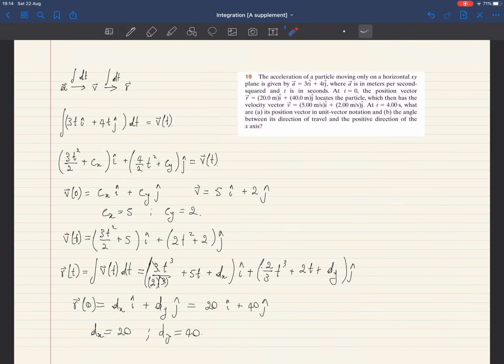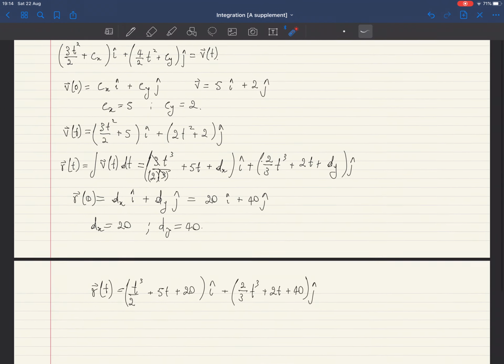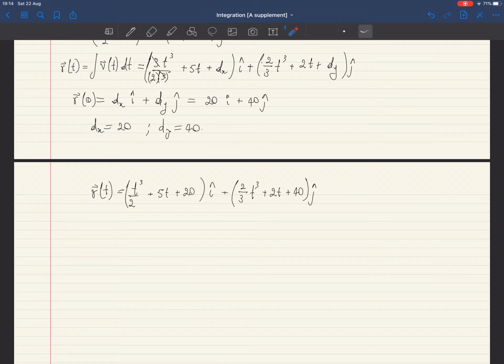And once you have that vector at the instant time equal to 4 seconds, you could find the direction of that using the regular procedure of performing the ratio of the opposite side, which in our case is going to be ry at 4 seconds, over rx also at 4 seconds.